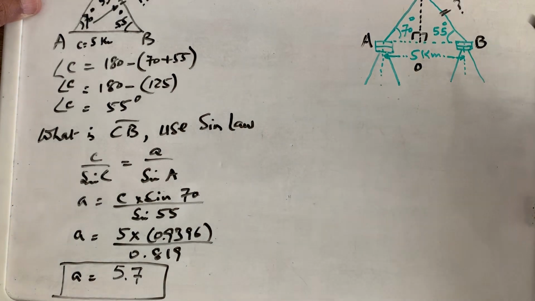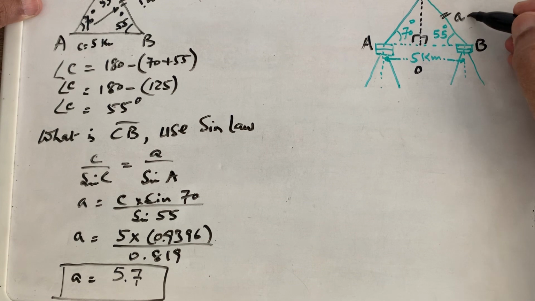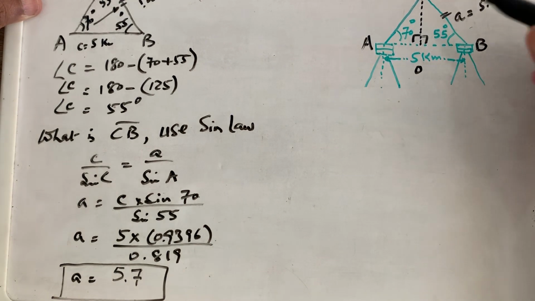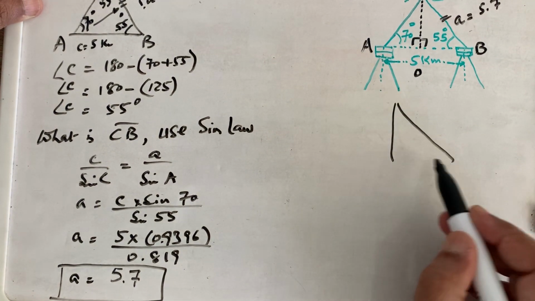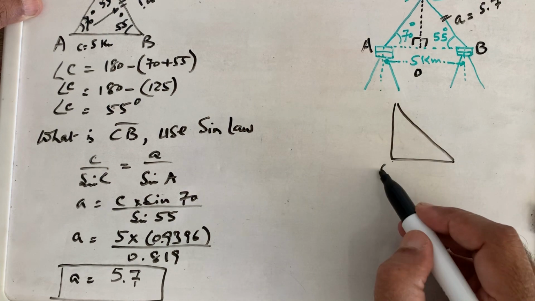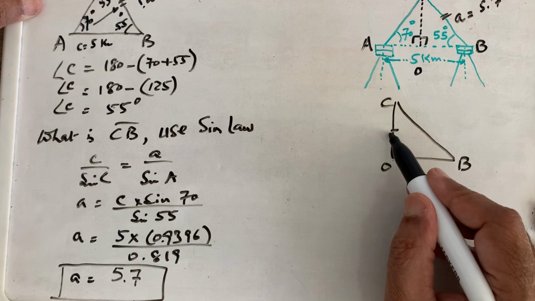If we know a, this side is now known, right? So this side is 5.7. Now I have this right angle triangle, which is like this, OCB, and this is my required unknown.